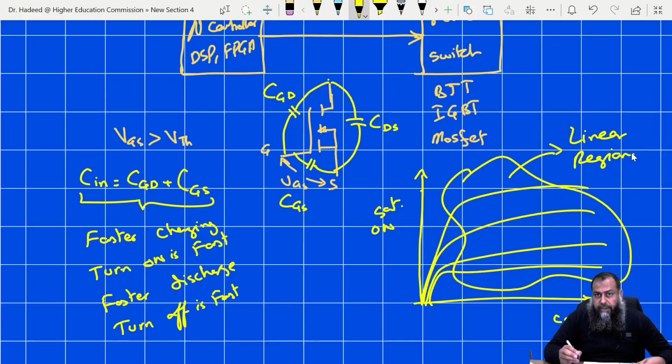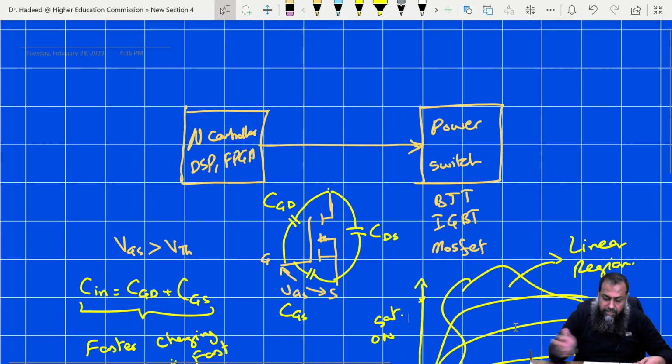The shorter a device stays in this linear region, or the active region, the lower the power losses across a given device. And therefore, it is imperative to have a switching speed fast enough so that the device spends a very small portion of time when it is switching from the turn on position to the turn off position. And this is where the problem with the direct control of the power semiconductor device with the microcontroller occurs.